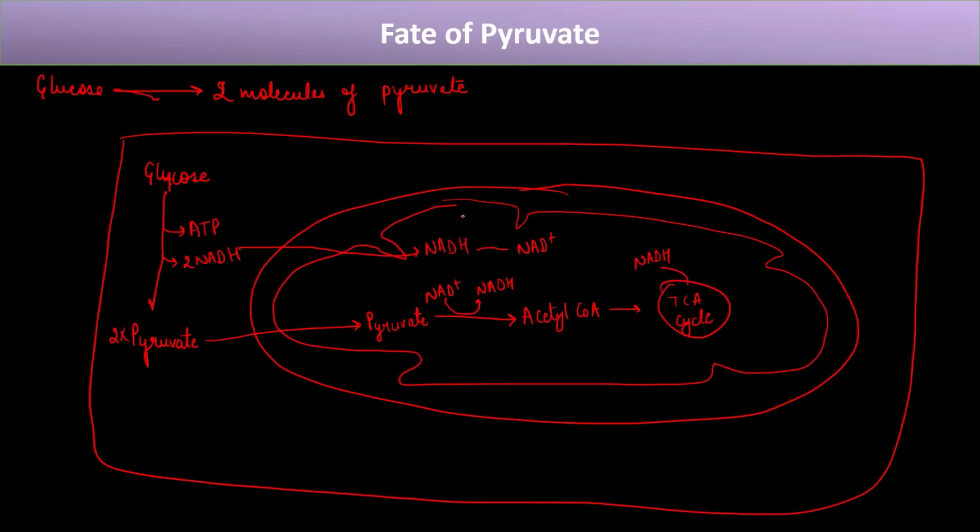Now, if they undergo oxidation, for this purpose, they will require electrons from somewhere. And these electrons are provided by the electron carriers that are present on the inner membrane of the mitochondria. So this is the inner membrane of mitochondria. And these electrons are supplied from here to this NADH.